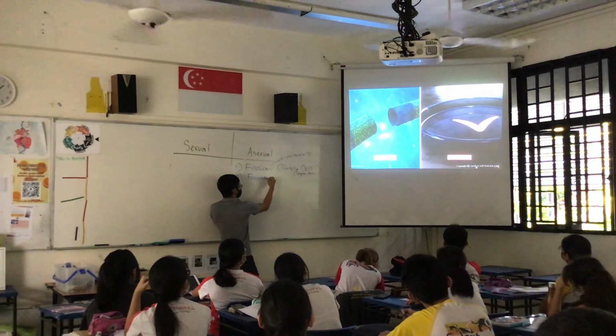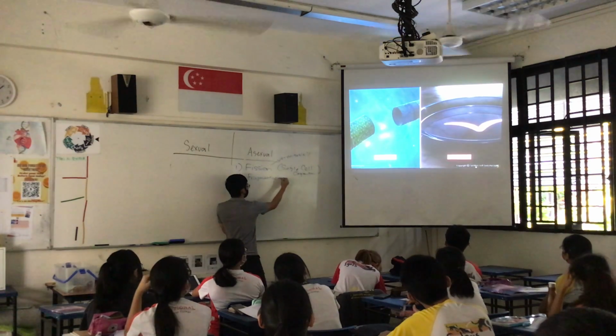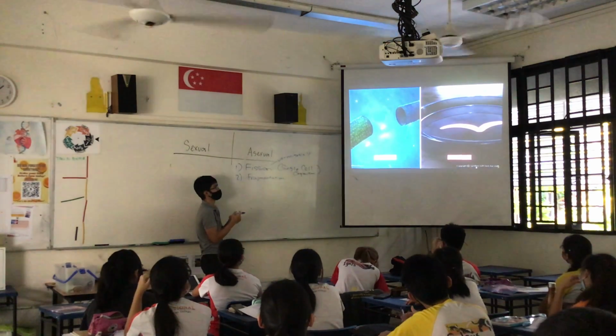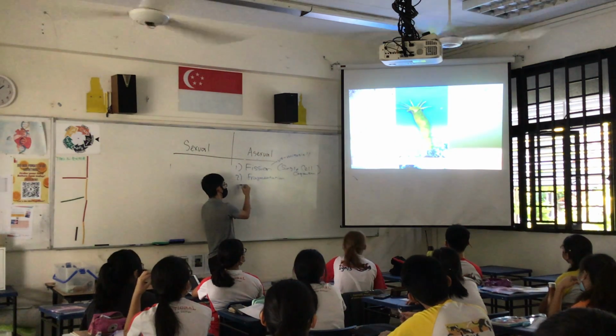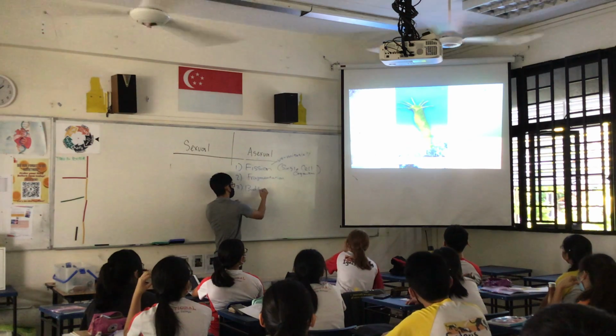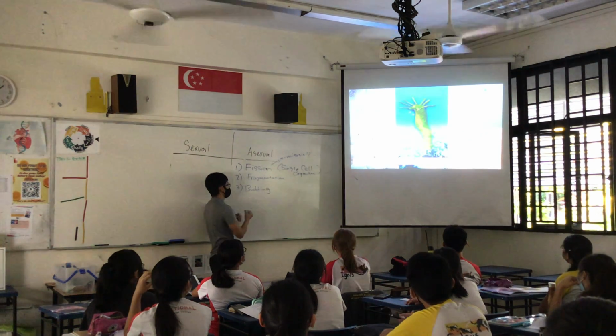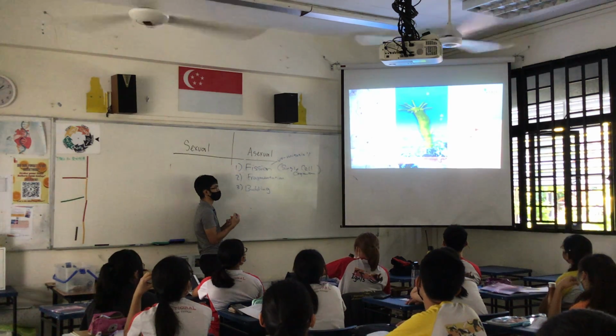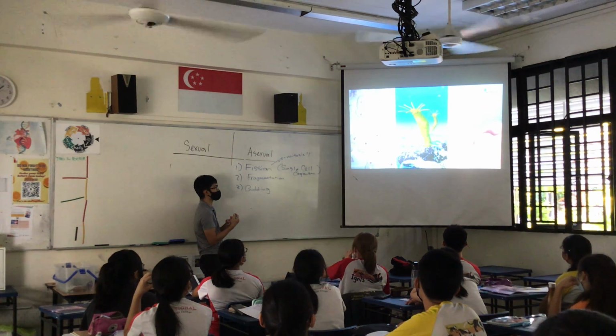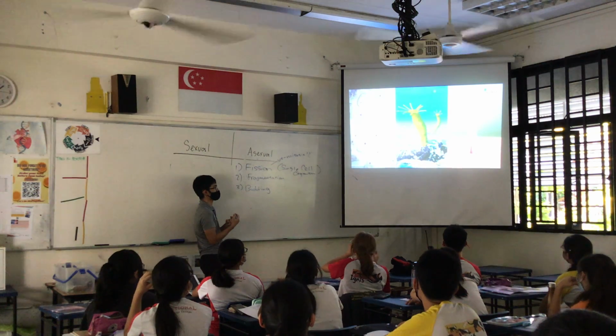These fragments grow into new individuals. In budding, one or more new organisms grow in the form of a bulb-like projection called a bud. It grows and then may eventually break away from the parent.